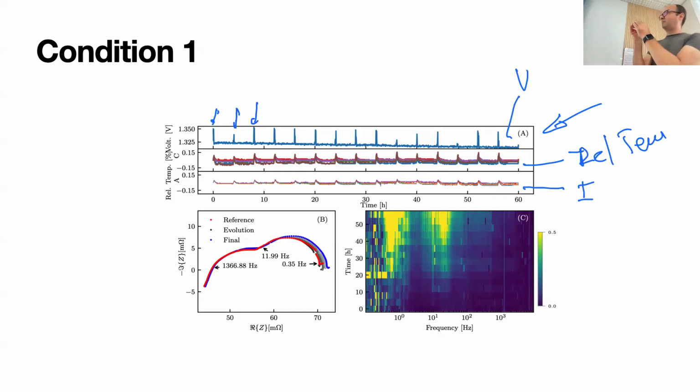We started from the red EIS curve, and slowly the system evolved towards the blue one. The question was, what was happening in the system? Can we say when the change occurred and in which frequency interval?